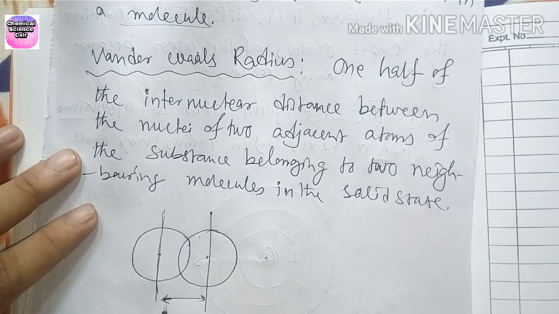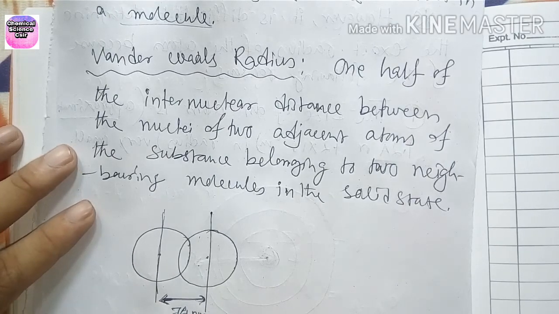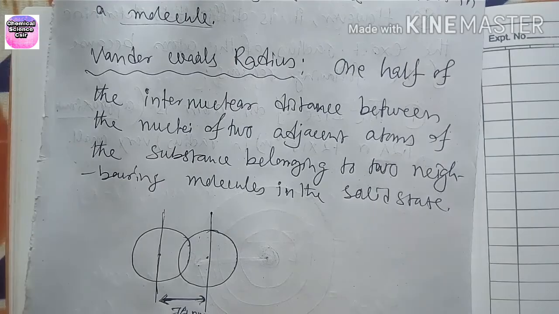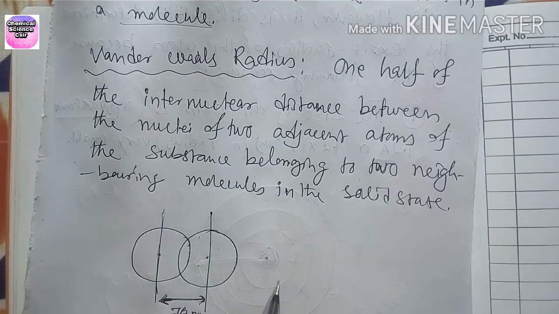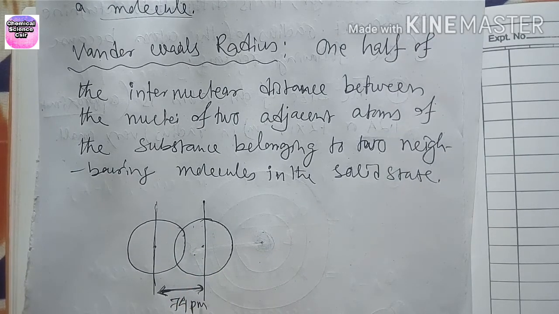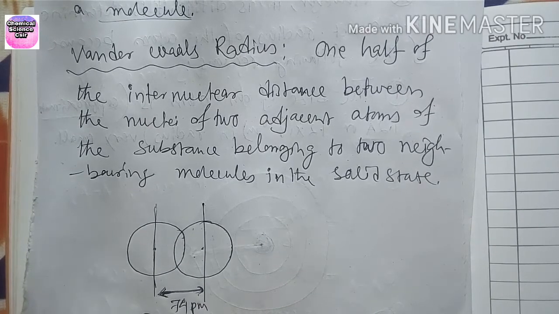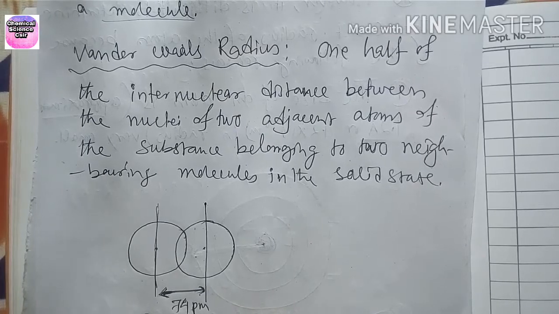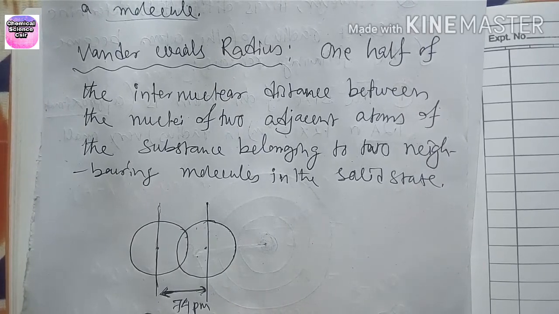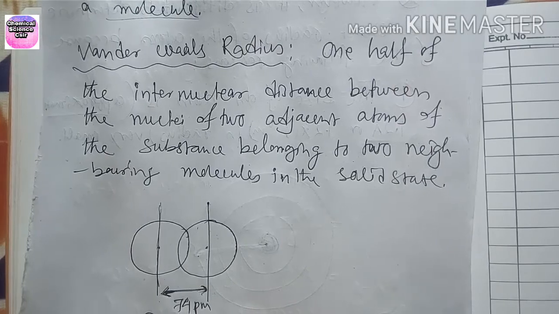This much is the covalent radius, which is 74 pm, where pm is picometer. After that, you can write that this is called the internuclear distance.